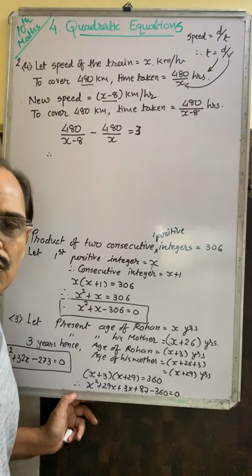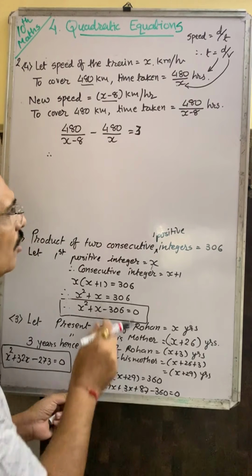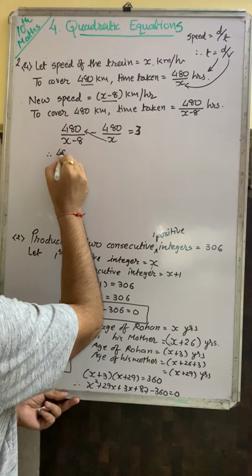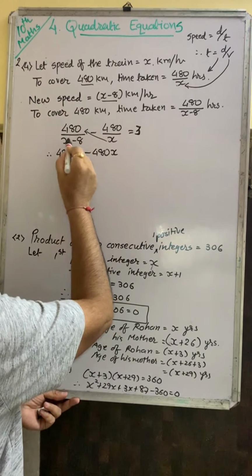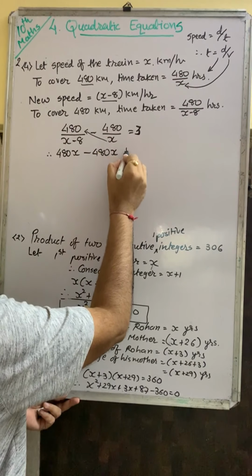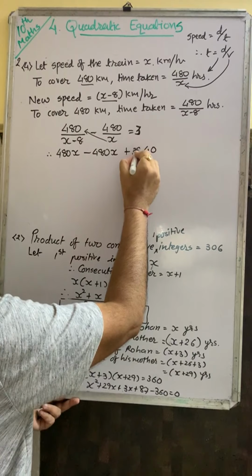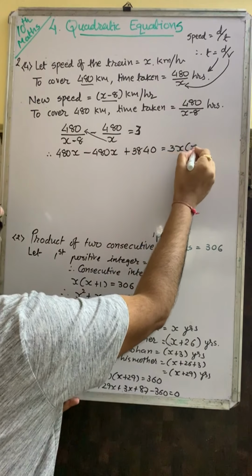Now the equation is formed. You have to convert it into standard form, ax square plus bx plus c equals 0. So we take LCM: 480x minus 480x plus 480 into 8 equals 3x into x minus 8.